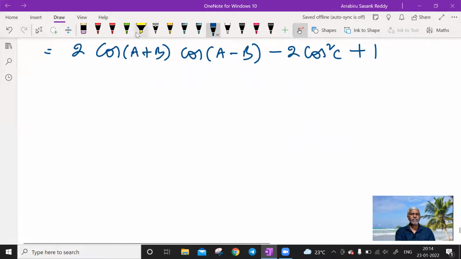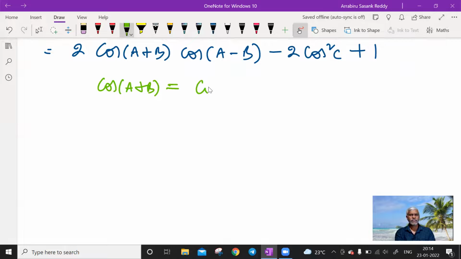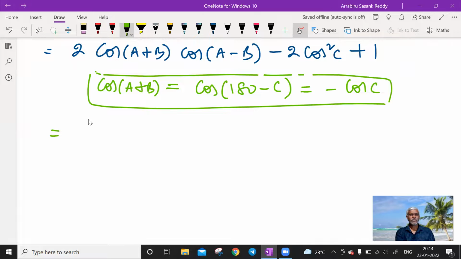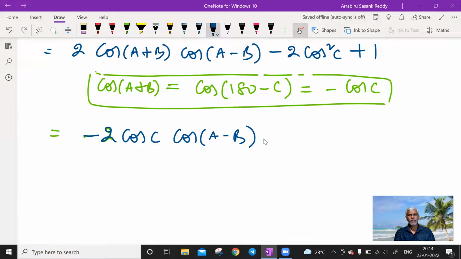Now, as A plus B plus C is 180 degrees, cos (A plus B) is cos (180 minus C). This is minus cos C. Cos (A plus B) becomes minus cos C. So minus cos C into 2 gives minus 2 cos C cos (A minus B) minus 2 cos square C plus 1.